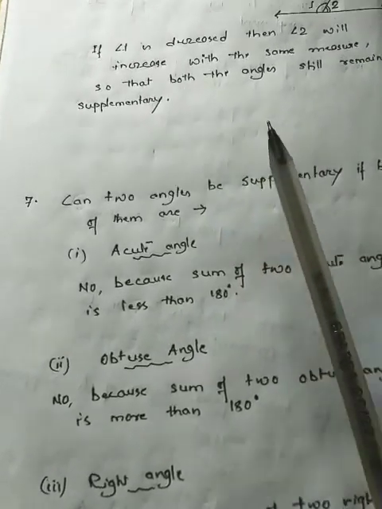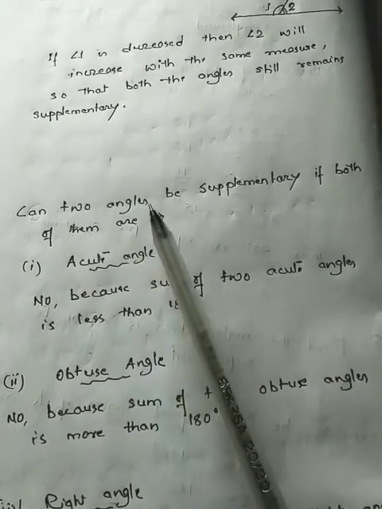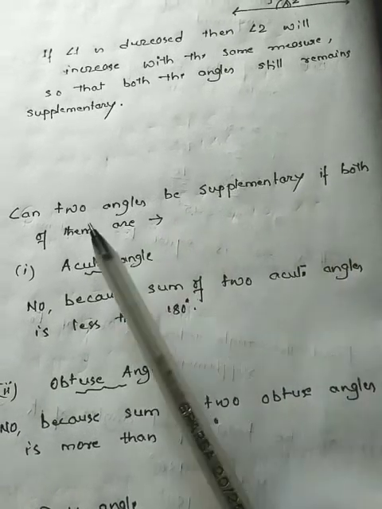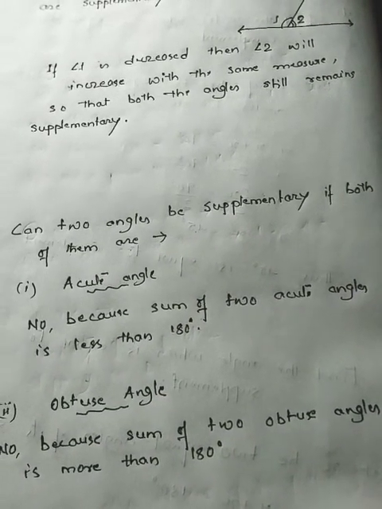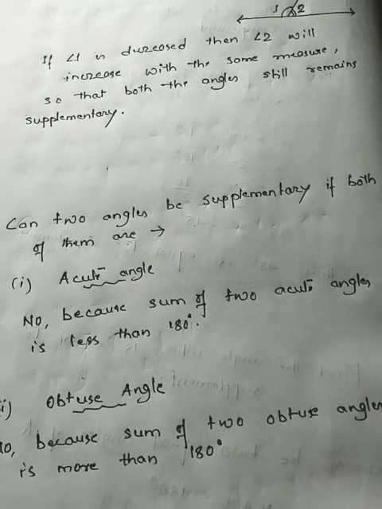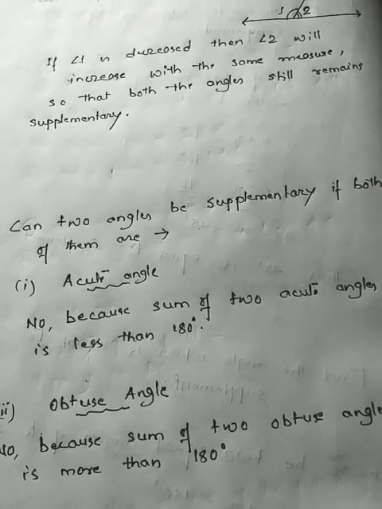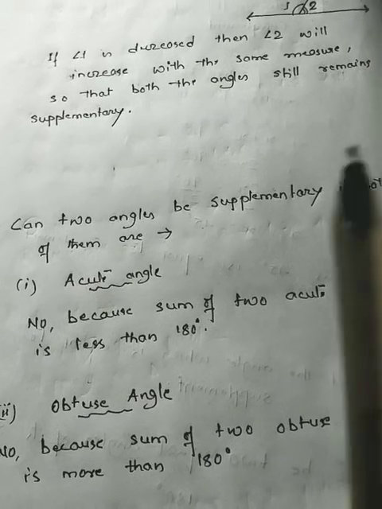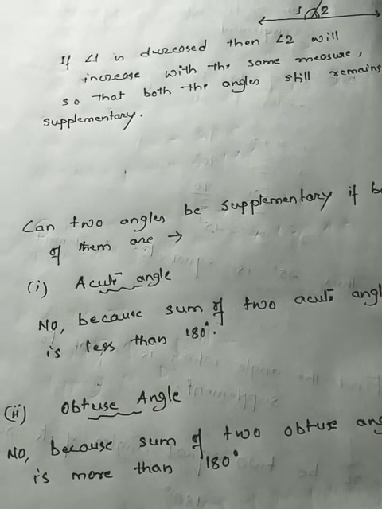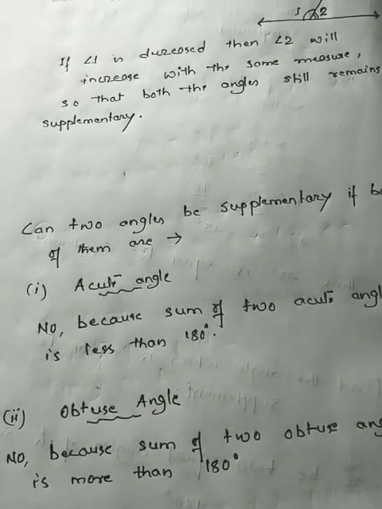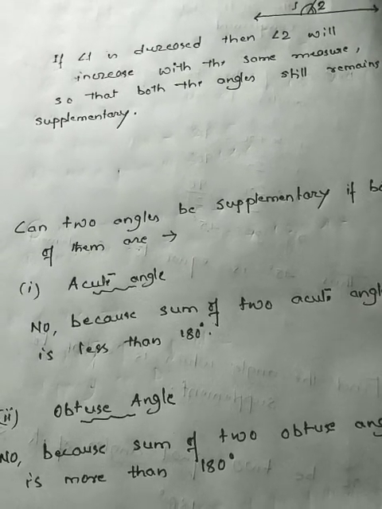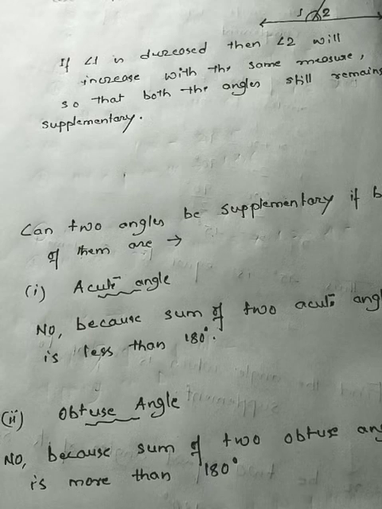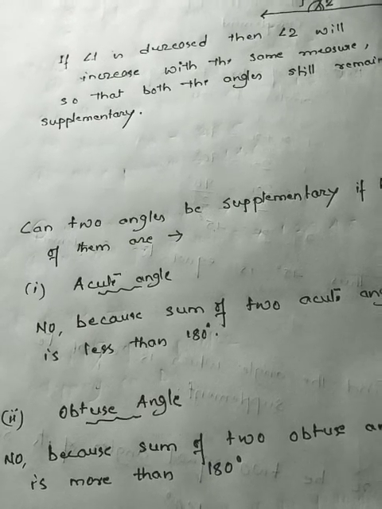Now there is another logical question they have asked. Can two angles be supplements if both of them are acute angles? We know that supplementary angles have measures summing to 180 degrees, isn't it? Now if both the angles are acute, will the sum be 180 degrees? We know that acute angles are those angles which are less than 90 degrees.